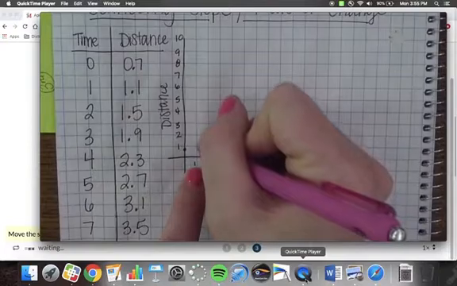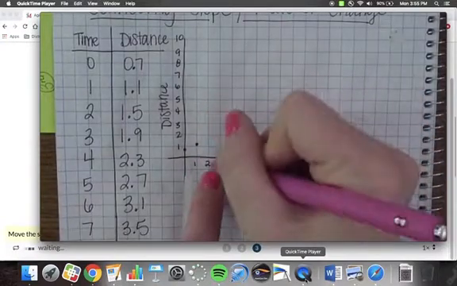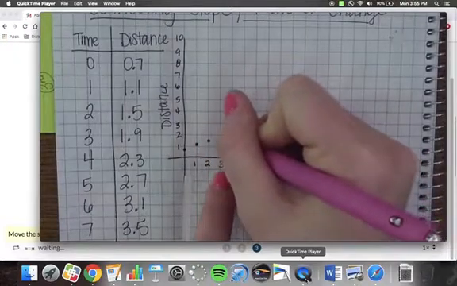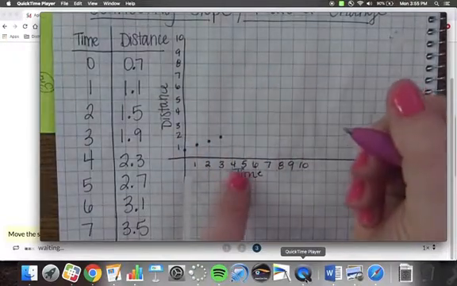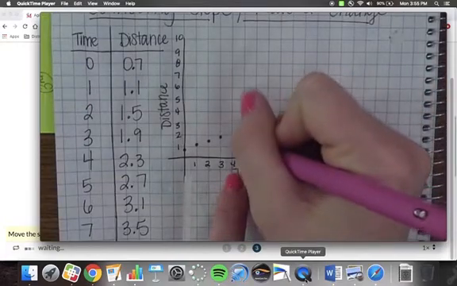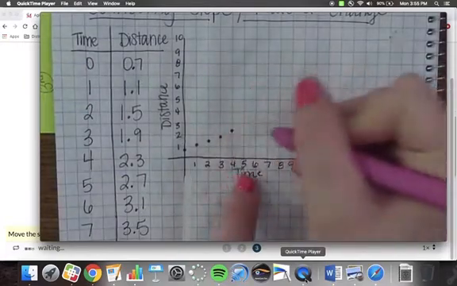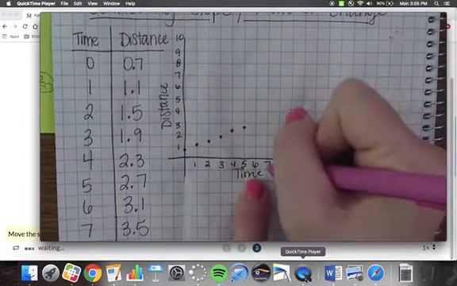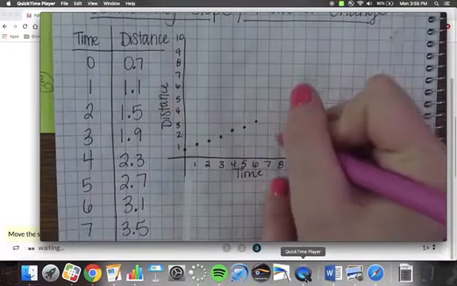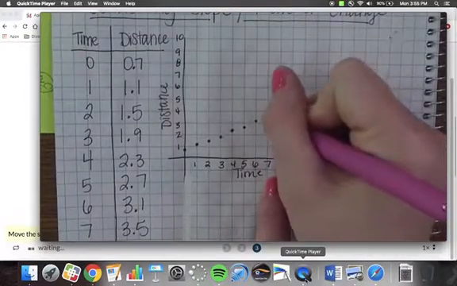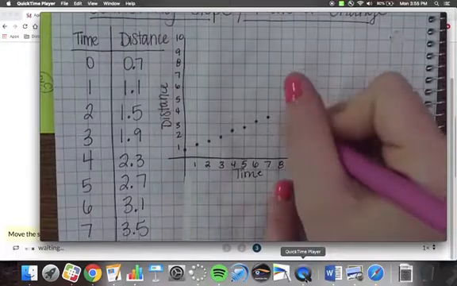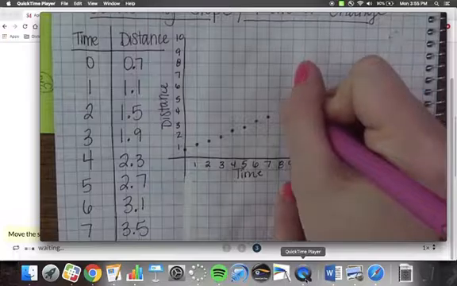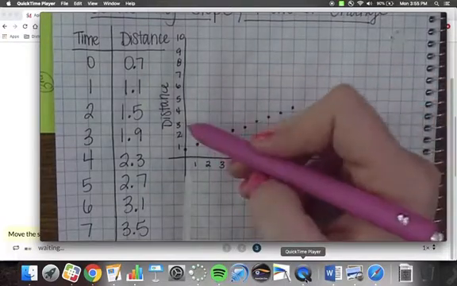Then we go over to 1, up 1.1, go over to 2, 1.5, 3, 1.9, which would be really close to 2. 4 would be 2.3. 5 would be 2.7, so just over half. 6 would be 3.1. 7 would be 3.5, which would be halfway. 8 would be 3.9, almost 4. 9 would be 4.3, almost halfway up above 4.